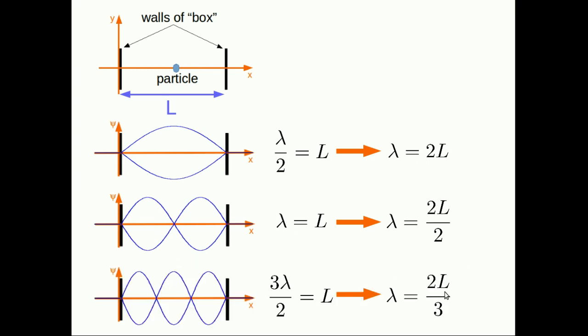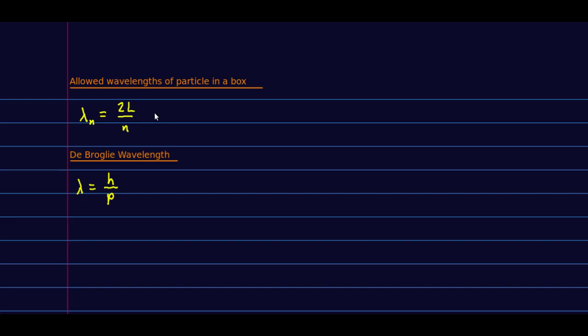And so we get the same sort of pattern that we saw for a standing wave on a string, where you have these allowed wavelengths that go like this. So now we know that for the particle in a box, there are only certain allowed values of its wavelength. But we also know from the de Broglie wavelength that the wavelength is related to the momentum of the particle.